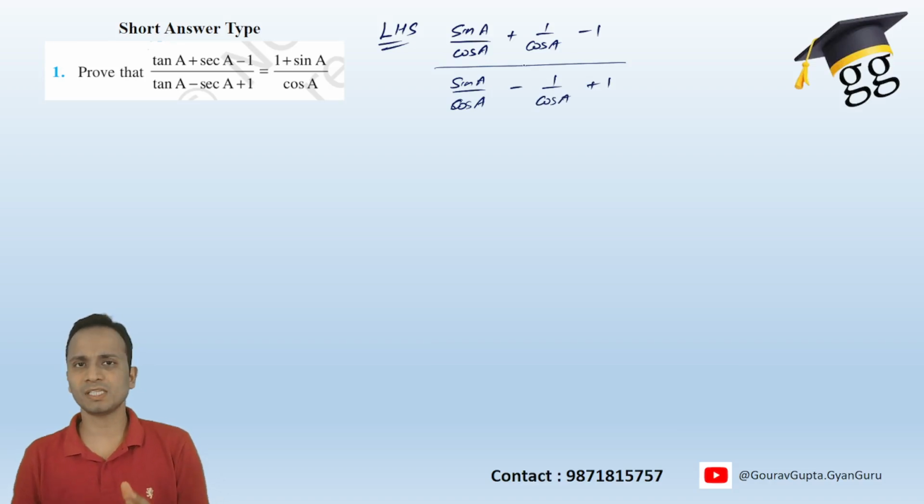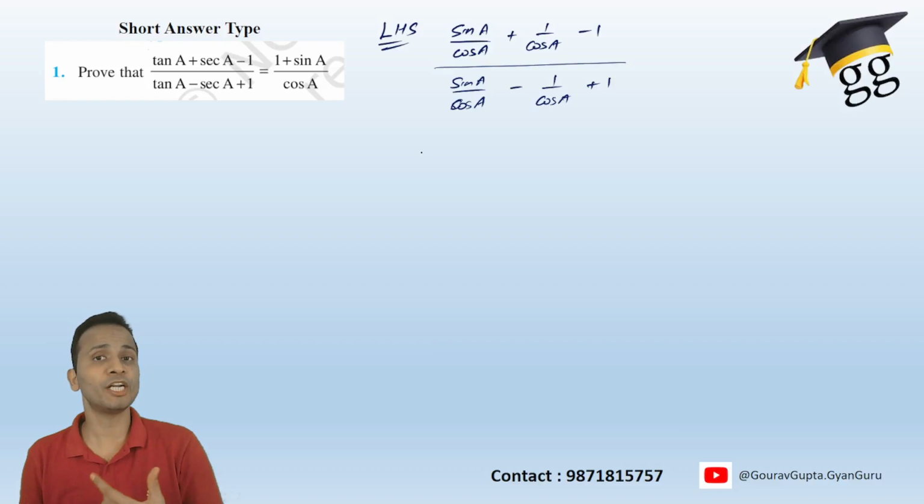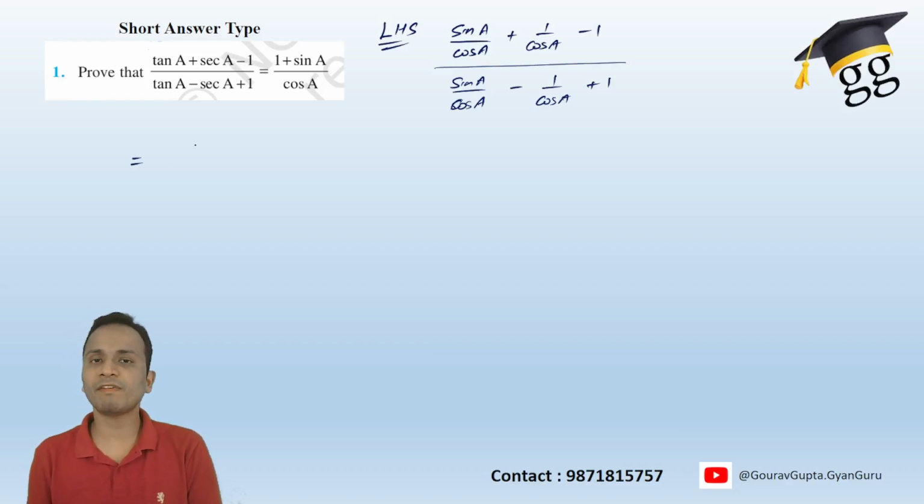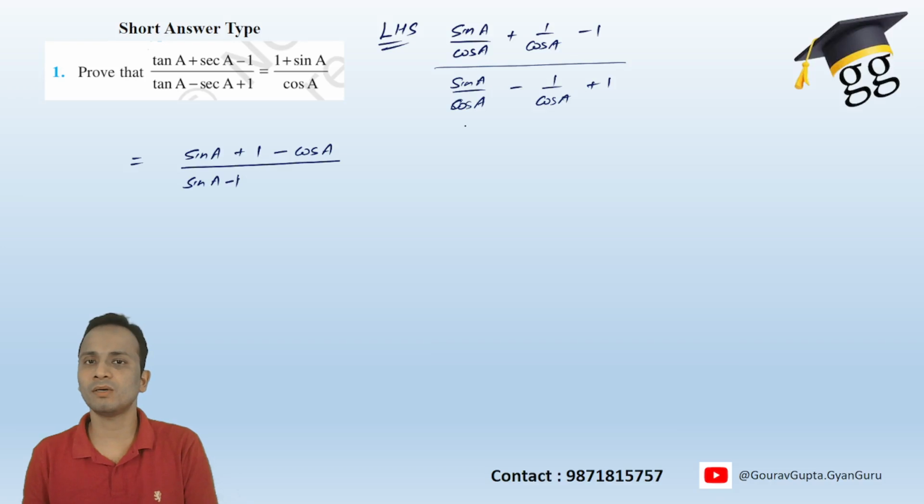Now take LCM separately in numerator and denominator and you will observe that cos A will get cancelled from the denominators of both numerator and denominator. So the simplified expression for the LHS will be (sine A plus 1 minus cos A) whole divided by (sine A minus 1 plus cos A).